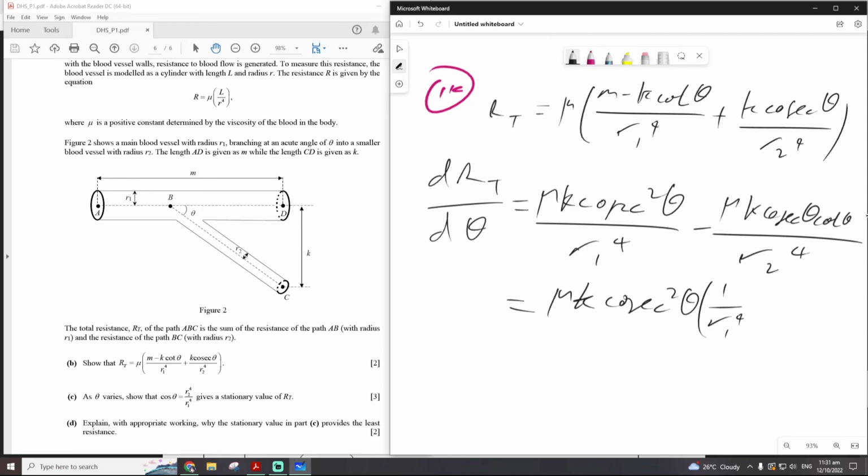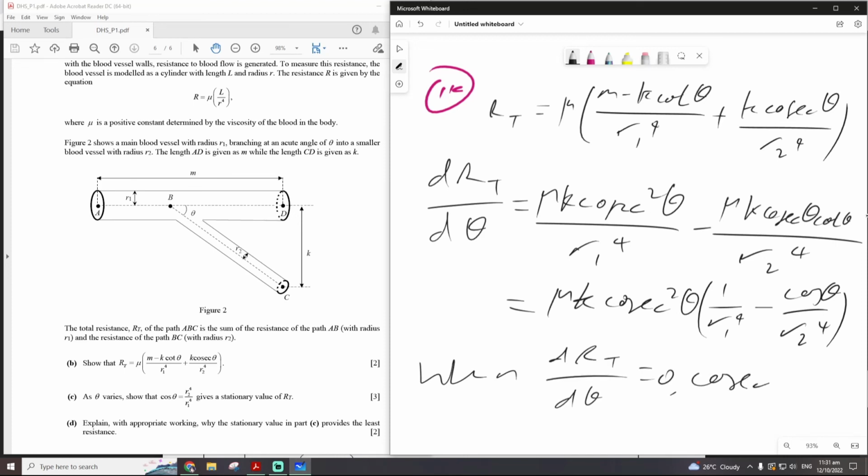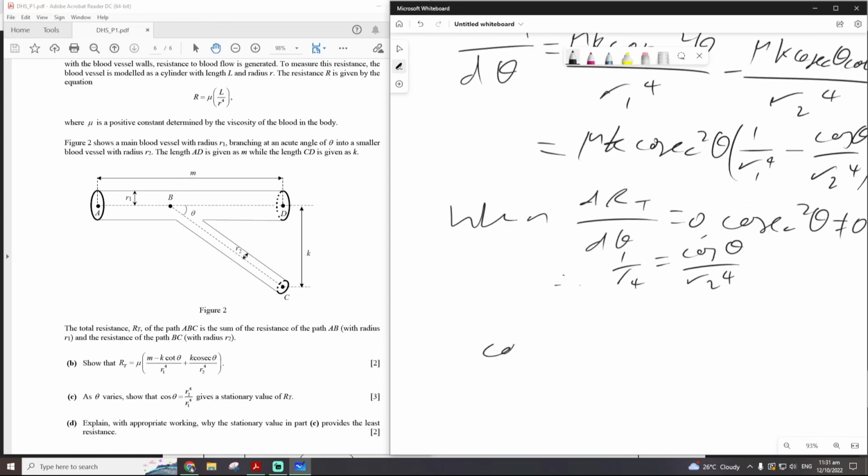I have only one cosecant here, so this actually becomes sine. Cotangent times sine is cosine, so minus cosine theta divided by R2 power 4. When dRT d theta equals 0, we know cosecant square theta is not 0, so this must be 0. So 1 over R1 power 4 must be cosine theta divided by R2 power 4, from which we can immediately deduce the value of cosine theta. Cosine theta is R2 power 4 divided by R1 power 4.